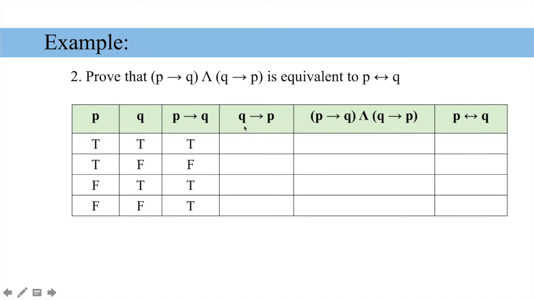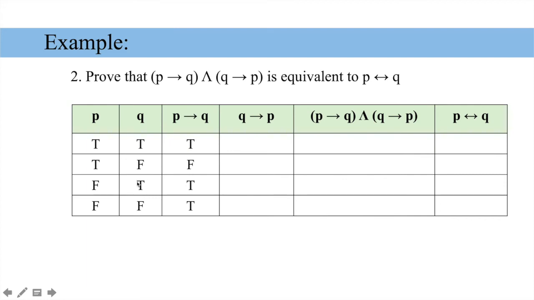Okay? So Q implies P, so our antecedent here is Q and our consequent here is P. So the resulting sentence is only false if the antecedent is true and the consequent is false. So the antecedent Q is true and the consequent P is false.